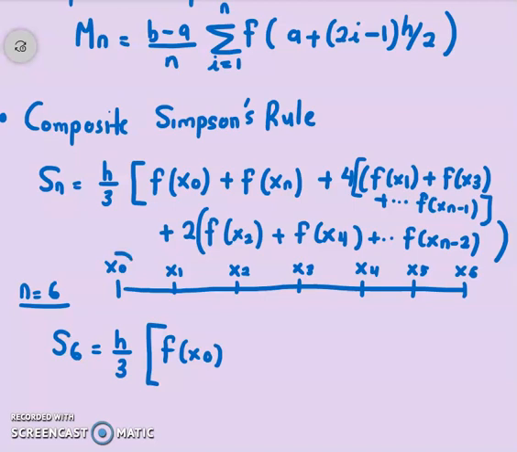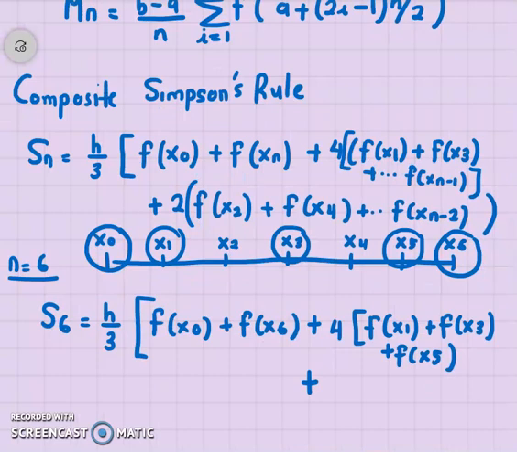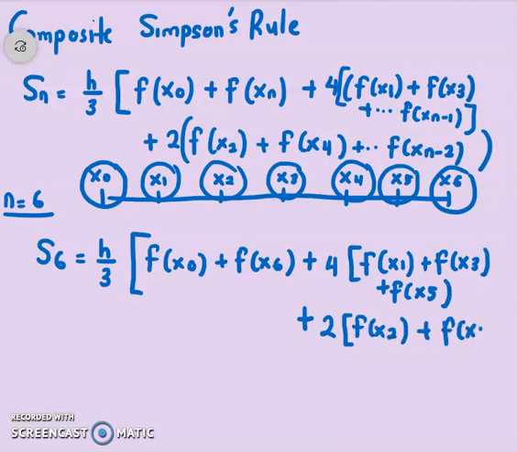So x0 and xn, which is x6, plus 4 times all the odd numbers, which are x1, x3, x5: 4 times f(x1) plus f(x3) plus f(x5), and then plus 2 times the even numbers, which are 2 and 4: f(x2) plus f(x4). So this is Simpson's rule.